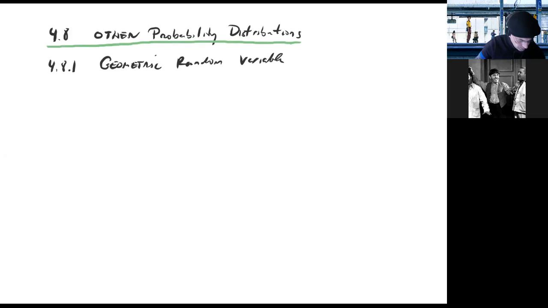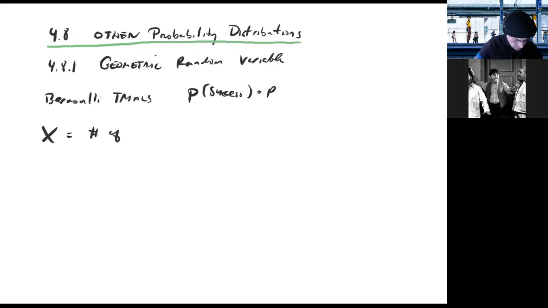Okay, so we have Bernoulli trials where the probability of success is P, so the probability of failure is 1 minus P. And let X be the number of performances of the experiment that we have to perform until we get heads.